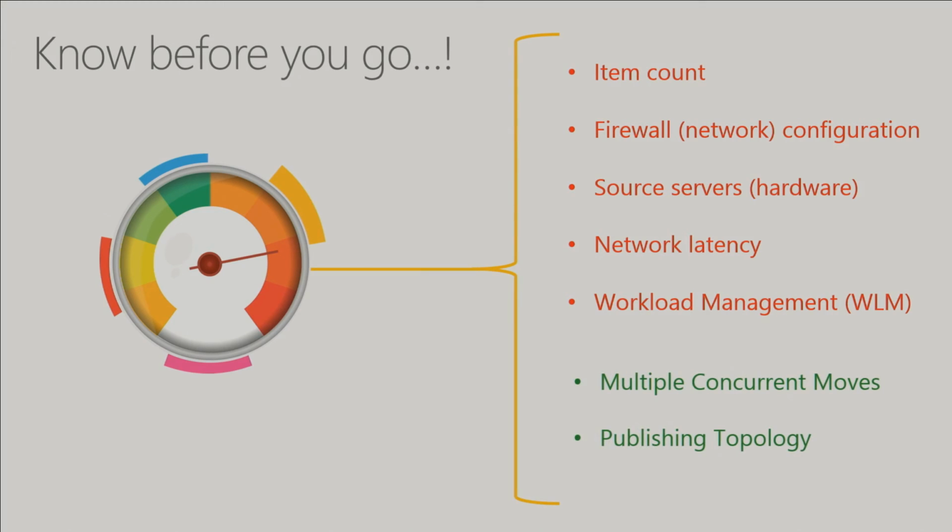There are some things that can actually increase the speed. Multiple mailbox move or concurrent moves. So if you create 2 migration batches through different migration endpoints to 2 different servers, the overall throughput of your migration is going to be faster than if you've got a single move with 10 mailboxes. So 2 move batches with 5 mailboxes are going to complete faster than a single one with 10 mailboxes, generally though.